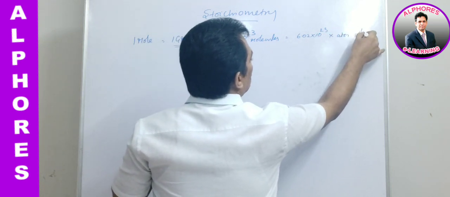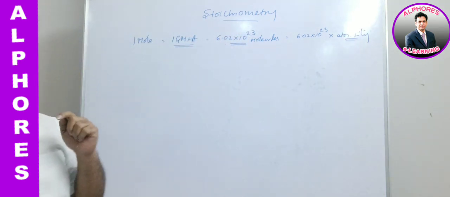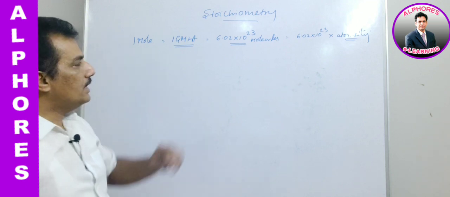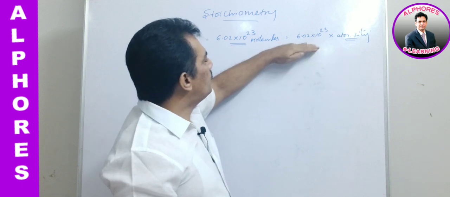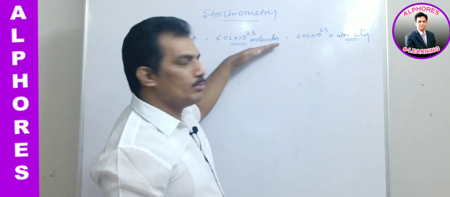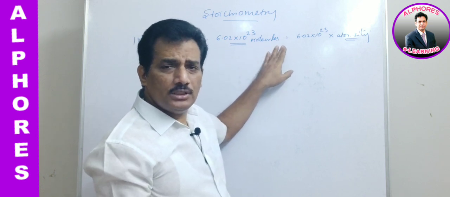If you remember, atomicity is the number of atoms present in one molecule of the given compound. In case they are asking for electrons, then after converting into moles, 1 mole has this number of molecules, and we calculate the number of electrons present in each molecule.